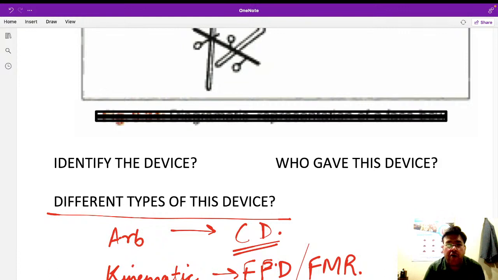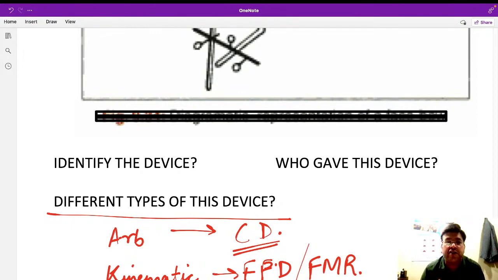If they are talking about the kinematic face bow, it is used to change the vertical dimension, and vertical dimension is changed when you are doing a full mouth rehab, not in the complete denture. Why? In complete denture, you are establishing the vertical dimension. You are not changing it. You are not increasing or decreasing it.